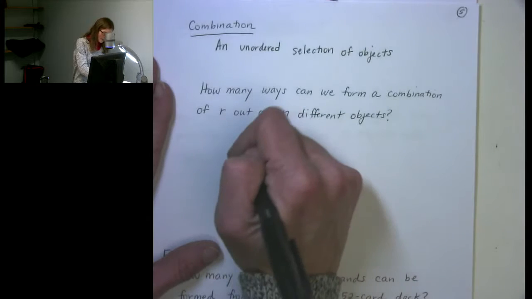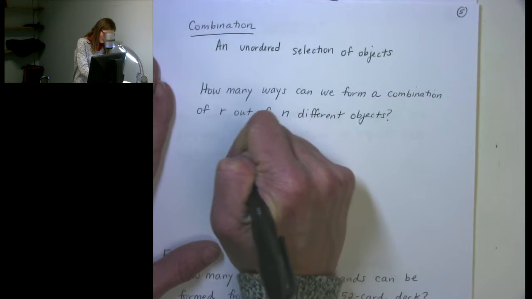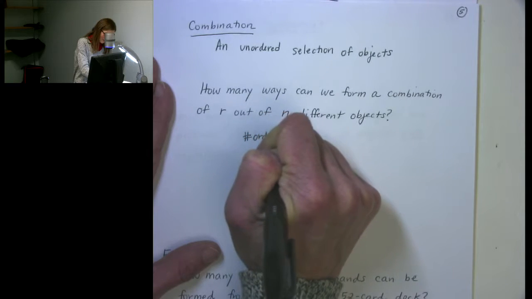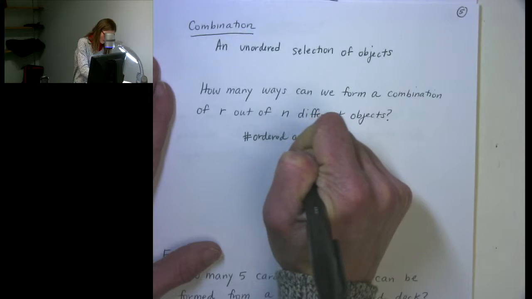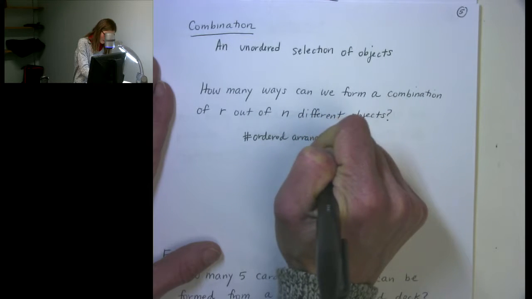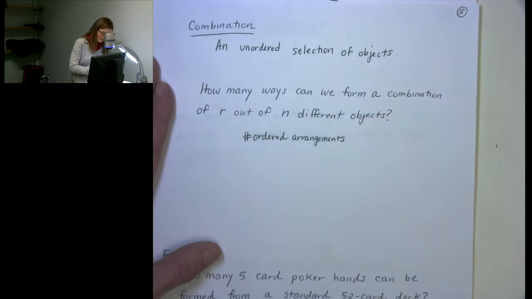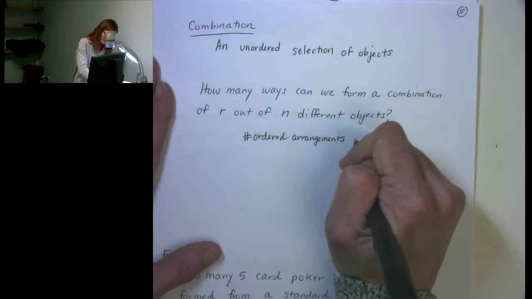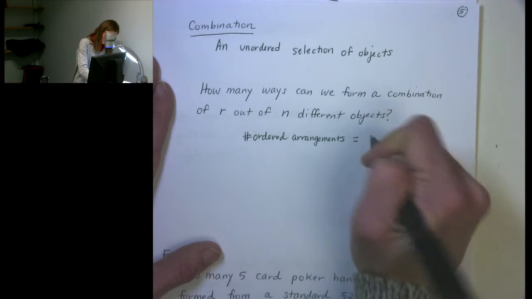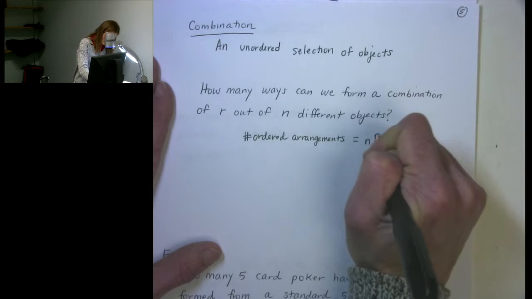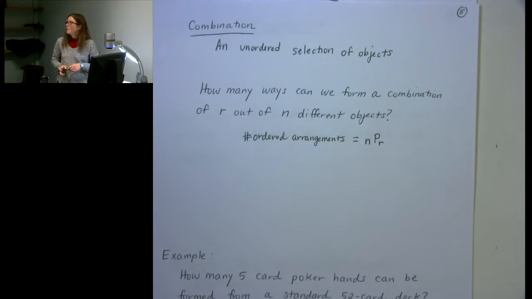So we know that the number of ordered arrangements is our number of permutations. And then I want to divide that by the number of ways those R objects could be arranged once they've been chosen.